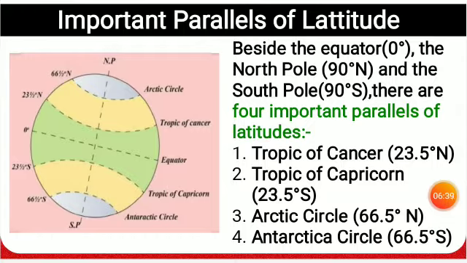Then the Arctic Circle, which is above the Tropic of Cancer at 66.5 degrees north. And next, the Antarctic Circle, which is in the southern hemisphere, at 66.5 degrees south. So these are the four important parallels of latitude.